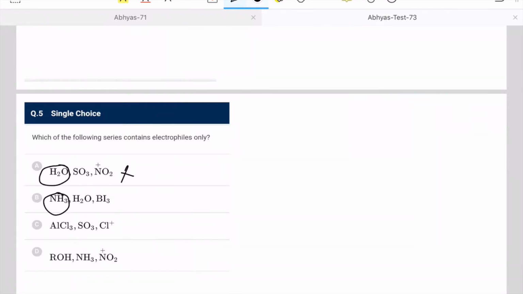Ammonia has a lone pair of electrons, so it is also a nucleophile. Then the third option, aluminum chloride and SO3, is the correct option, because aluminum chloride is an electron deficient molecule, an electrophile, and SO3 and Cl+ are also electrophiles. So C is the correct option. But here also ammonia is there again, so C is the correct option.